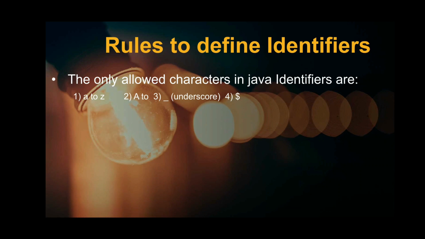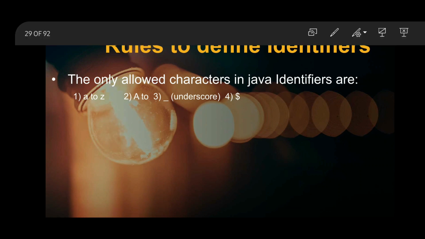This rule says that when we are writing an identifier, you have to use only these characters: small a to z, capital A to Z, dollar, and underscore. If we use characters other than these, what will happen? It will give a compile-time error.